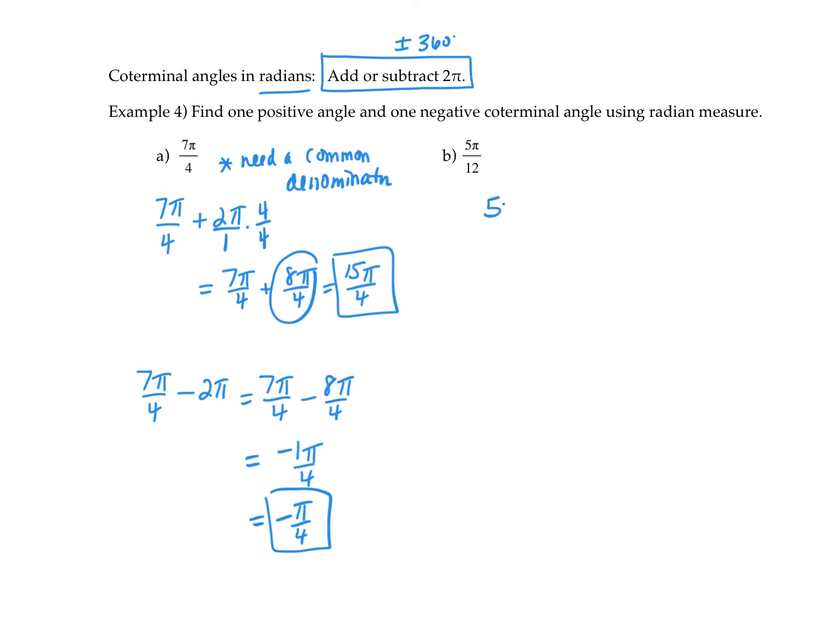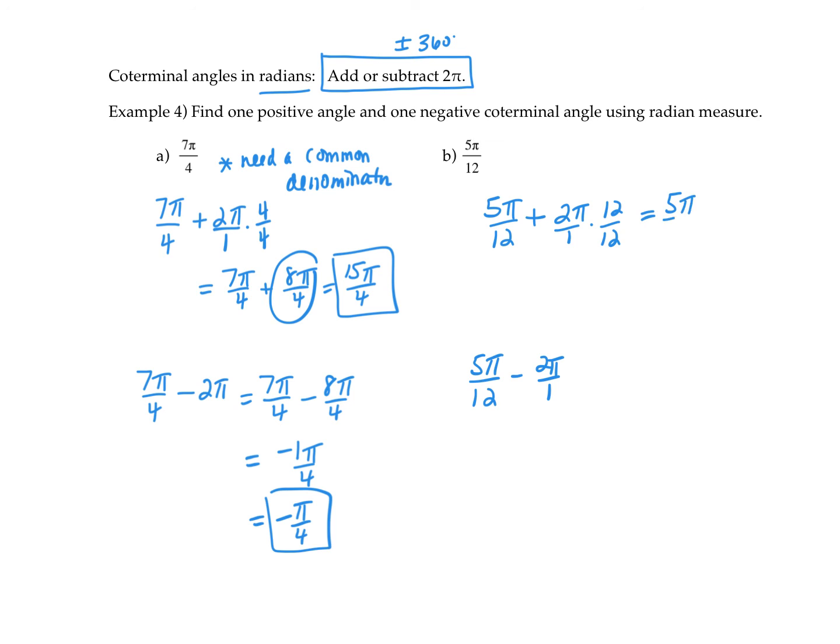Okay, with 5 pi over 12, again, to find a positive angle coterminal with it, add 2 pi. To find a negative angle coterminal with it, subtract 2 pi. Find that common denominator first. We need an LCD of 12, so multiply by 12 over 12.